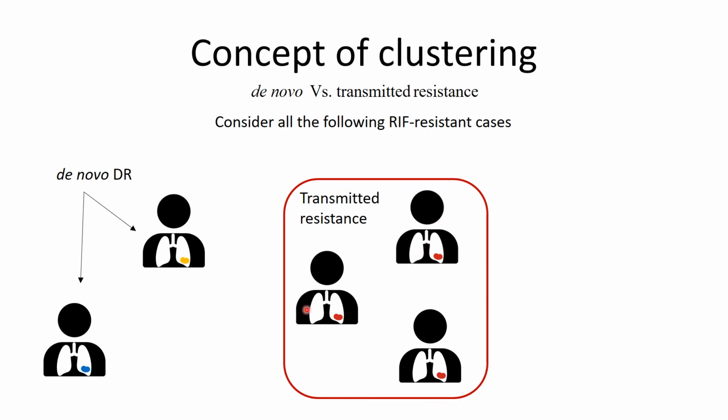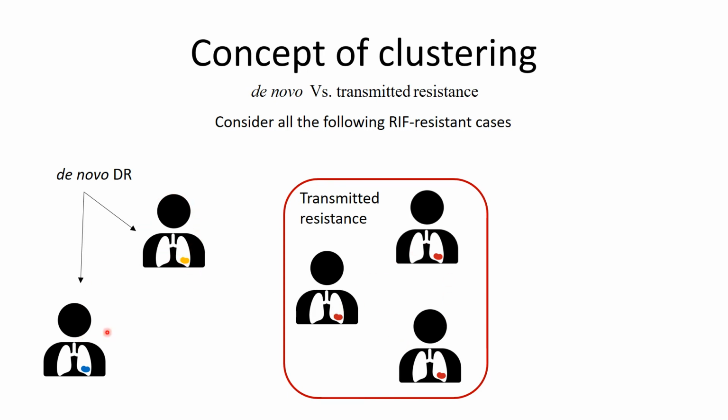Because they share the same strain, we can say that they are linked by recent transmission, and there is ongoing transmission happening of the red strain. The most likely scenario is that the drug-resistant strain was transmitted. So we could say that there is transmission of drug-resistant strains happening here.